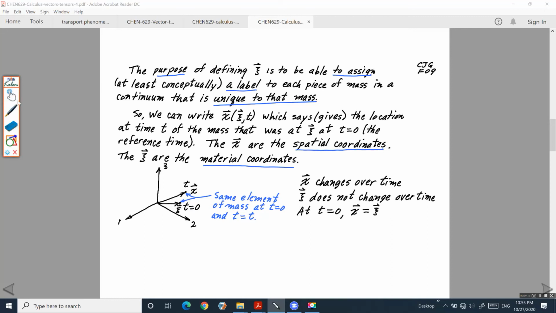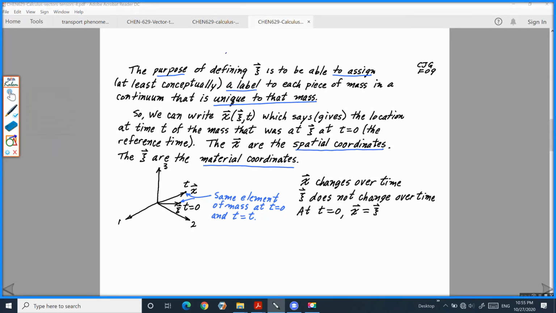Let's say you have some vector, but initially this vector is, let's say you started from this point, so your vector now depends on the time and the reference coordinate vectors. Then we say this gives the location at time t of the mass, and at time equal to 0, we have the mass location in here. This is time equal to 0, shown by this vector, the reference time.